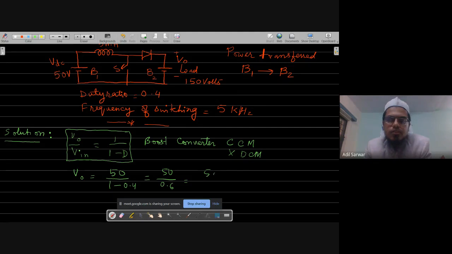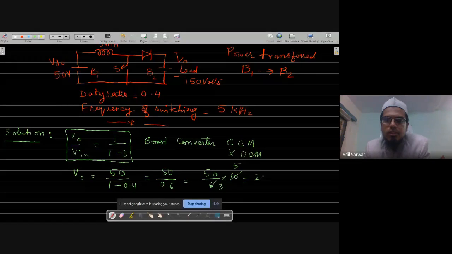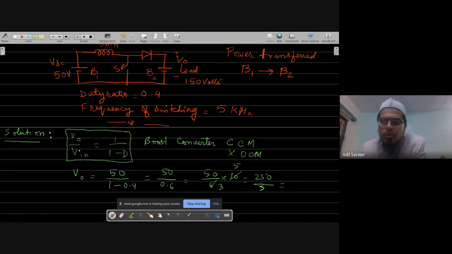I multiply it by 10 and cancel by 2, so this is 5 and this is 3. Finally, you get 50 into 5 is 250 divided by 3, which is around 83.3 volts.